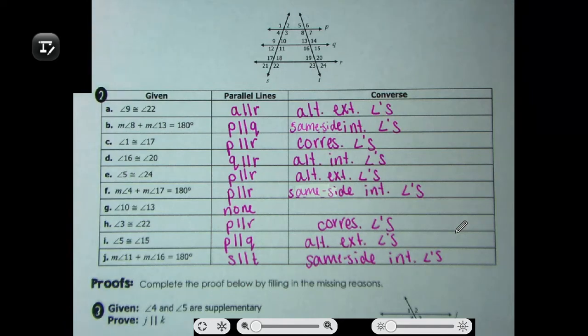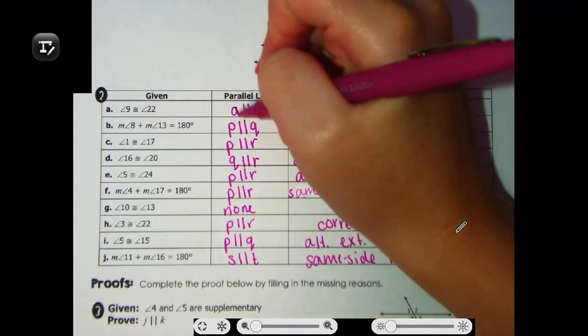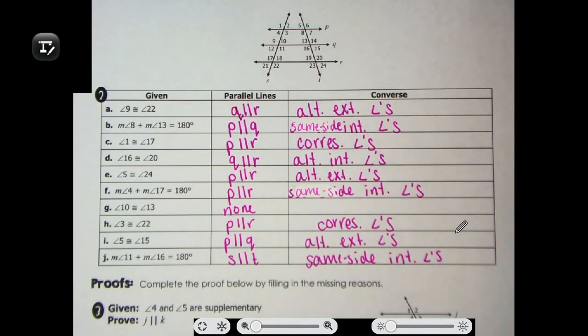Again, when you're looking, look at which two lines these angles are touching and what transversal they are being cut by.